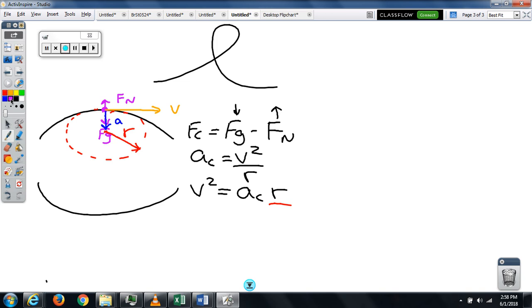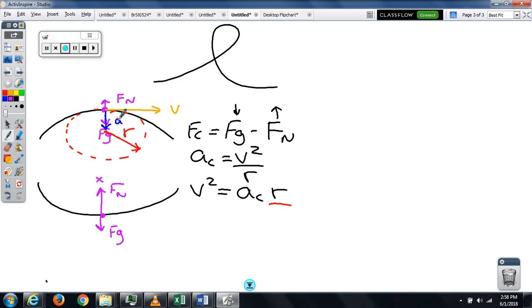Now for going through the valley here, it's a different situation. Down here, because the center of the circle is above you, you need a bigger force towards the center, which is up this time. So whatever Fn is, it's going to be larger than whatever Fg is. Now if this is the same person, then the Fg here is going to be equal to the Fg here.